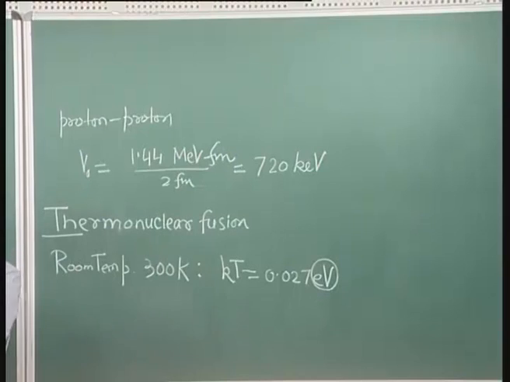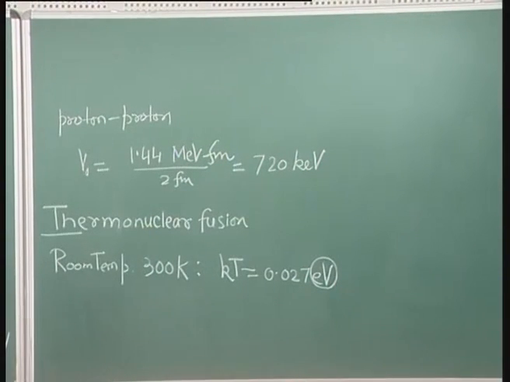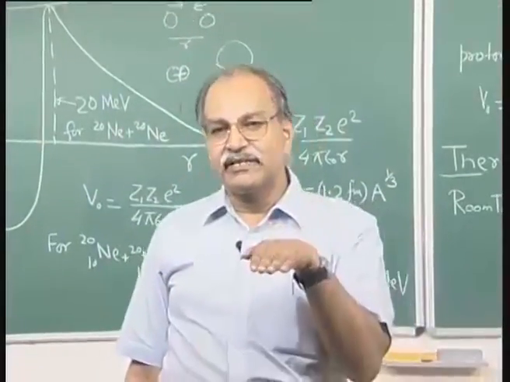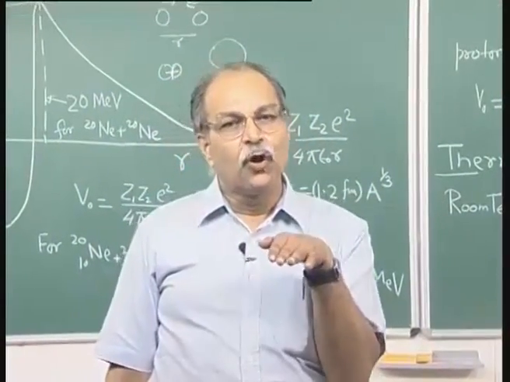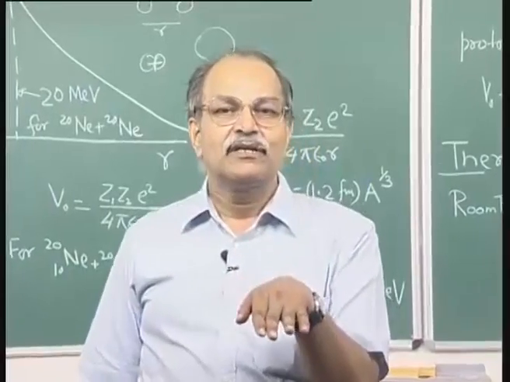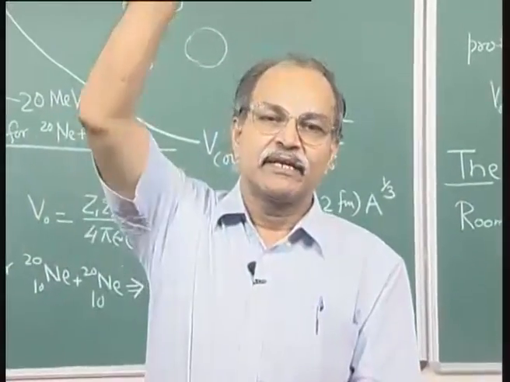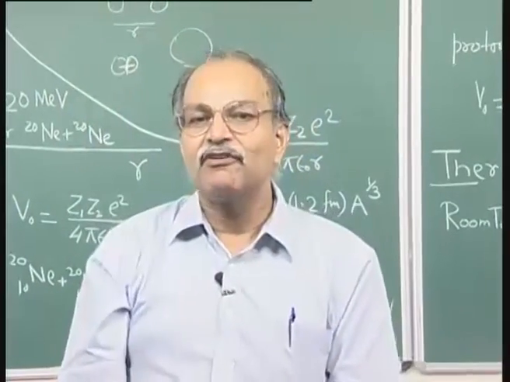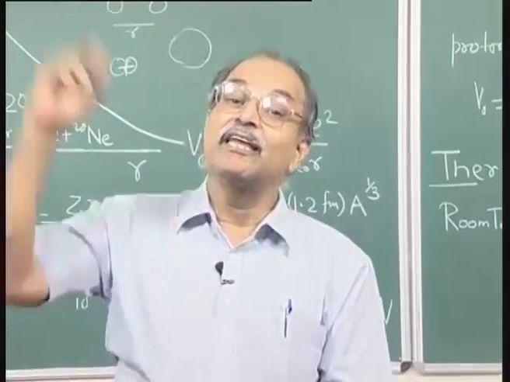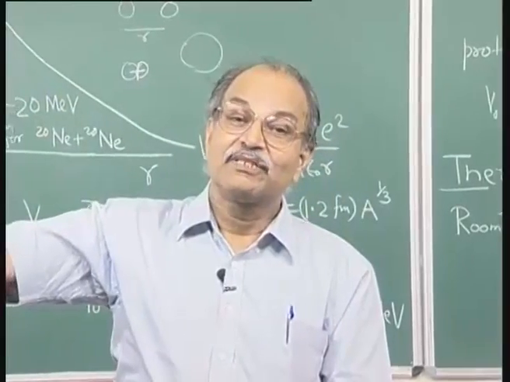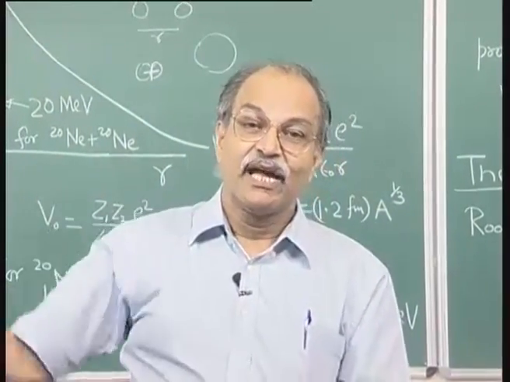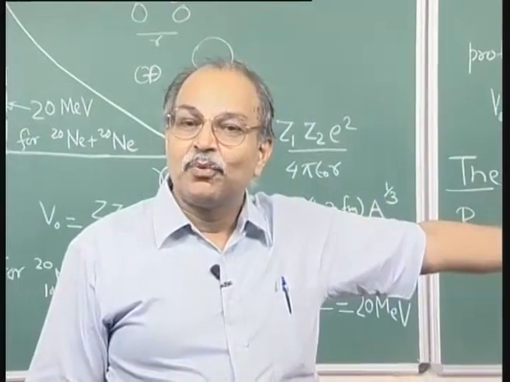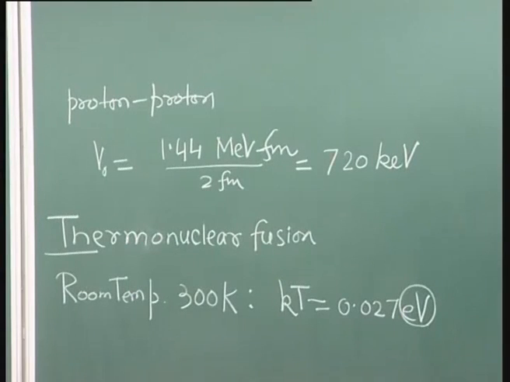So, if I take this average 3 by 2 kT or so, this initial kinetic energy is hopelessly small when we compare to the barrier height. Even if I take say 300 keV of barrier, 300 keV kilo electron volts, that means 300,000 electron volts, and here it is hardly 0.03, 0.05 type of electron volts.